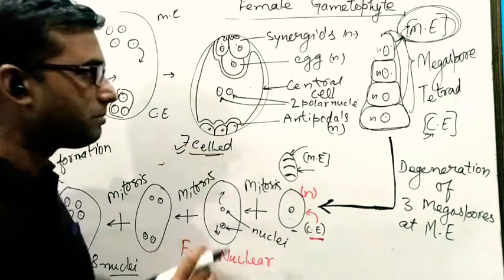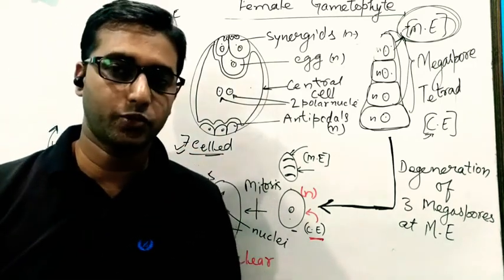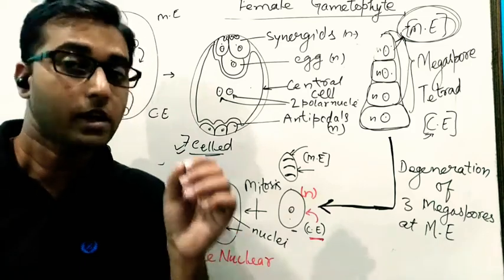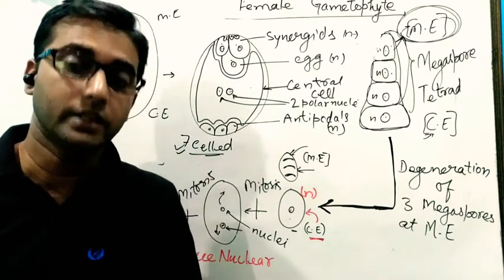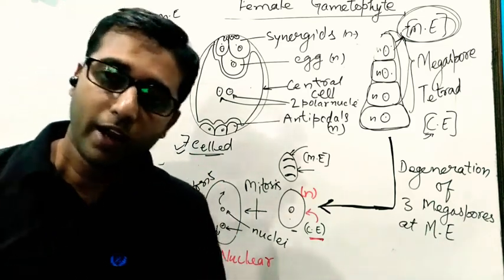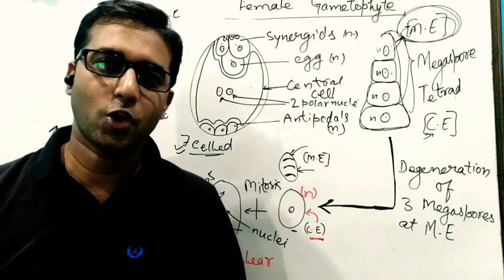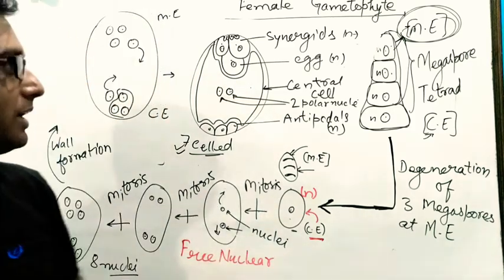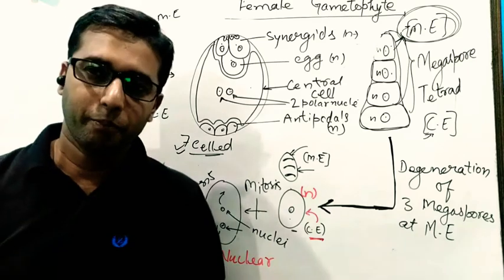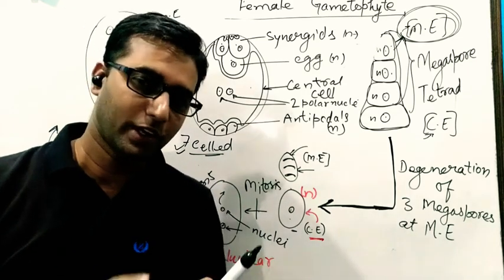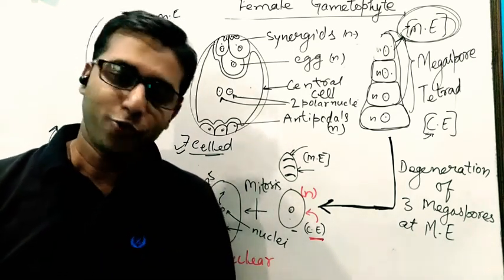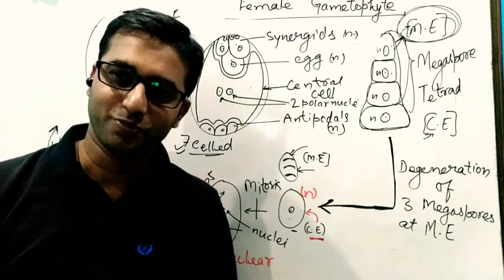So a typical mature female gametophyte consists of 7 cells and 8 nuclei. So this is all about the female gametophyte and the pre-fertilization structures and events in the female part of the flower. Thank you very much.